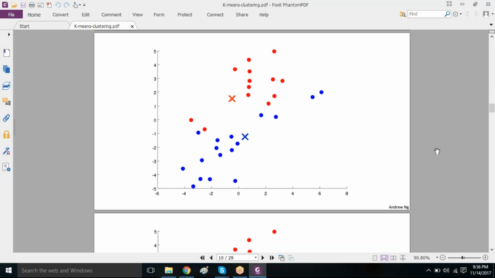But as your new assignment has been done, again you need to recalculate your centroid, update your mean. So you update your centroid and it will move here, from here to here. And then again you have to reassign.